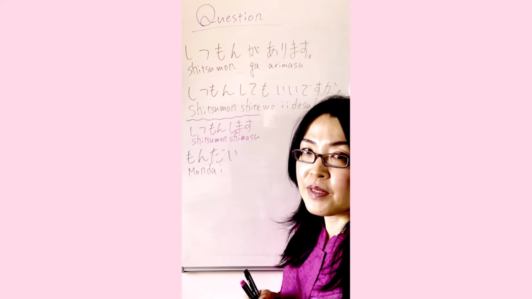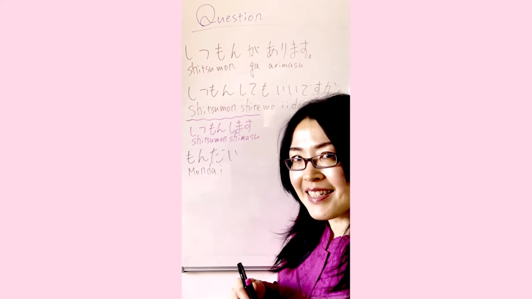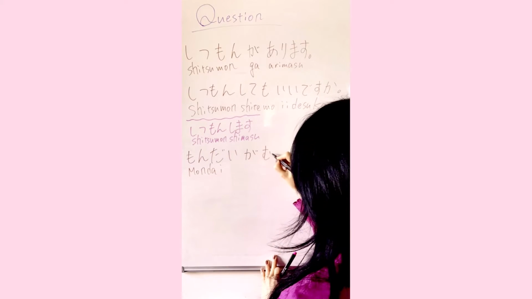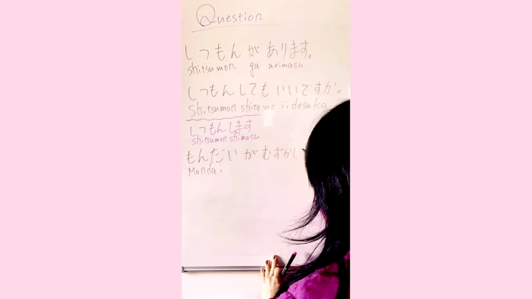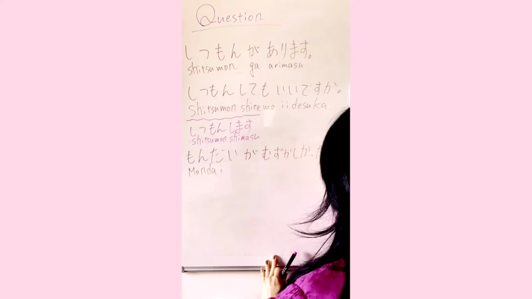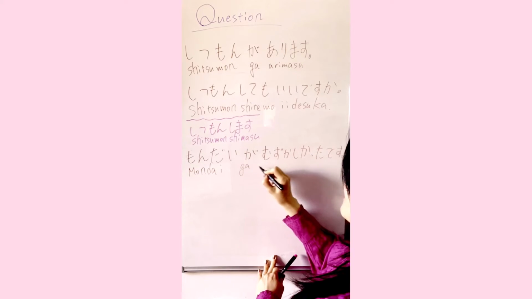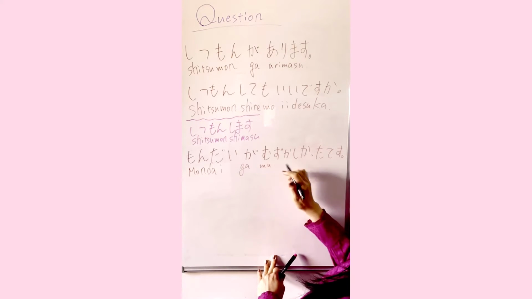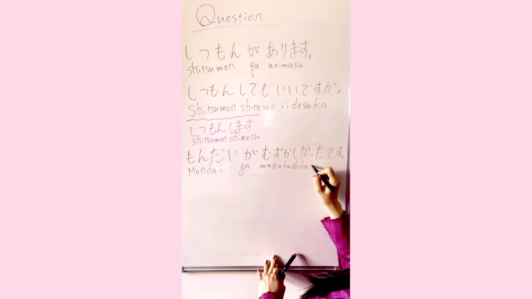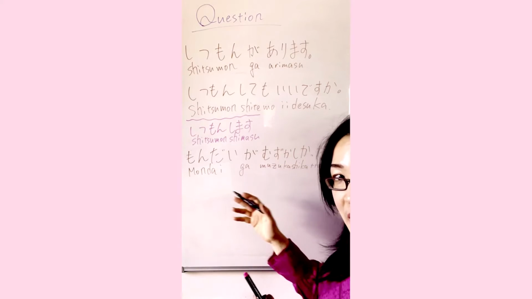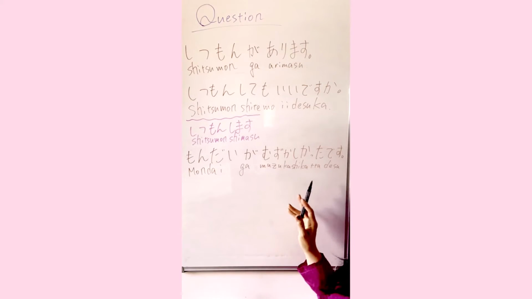Okay? So, 問題が難しかったです。For example, 問題が難しかったです。Can you say it? So it means the questions in the exam paper were difficult.